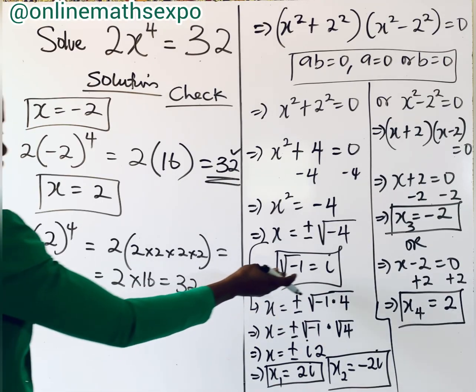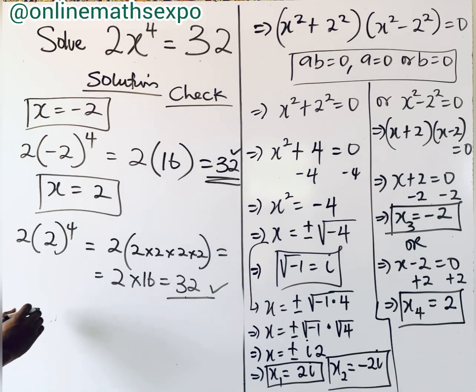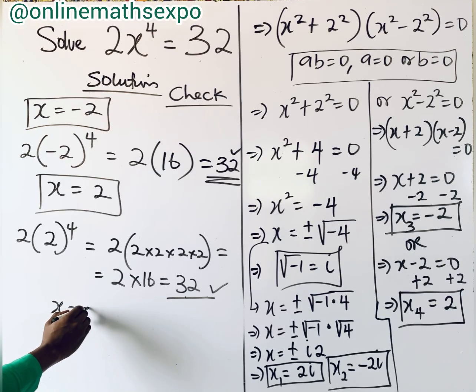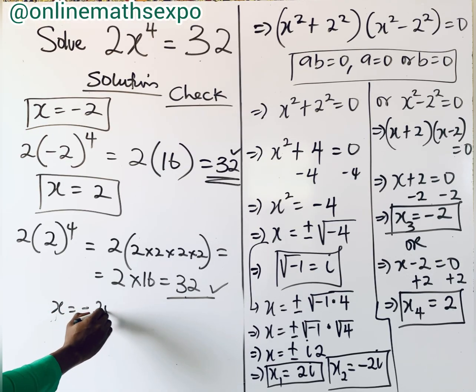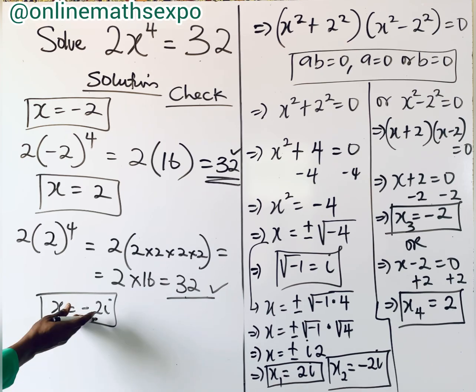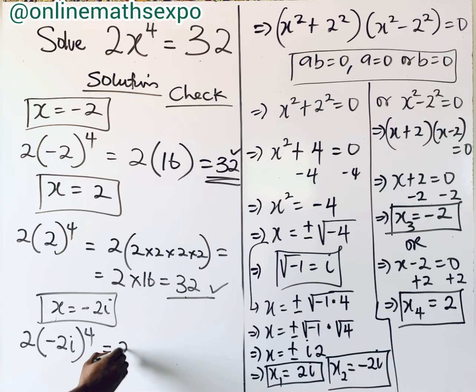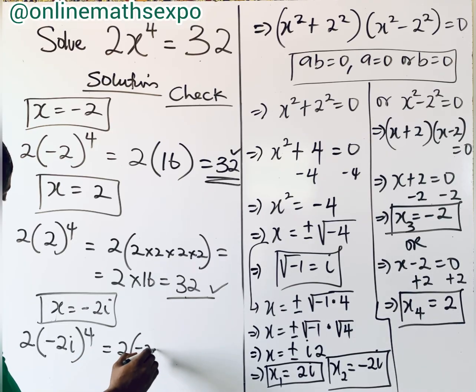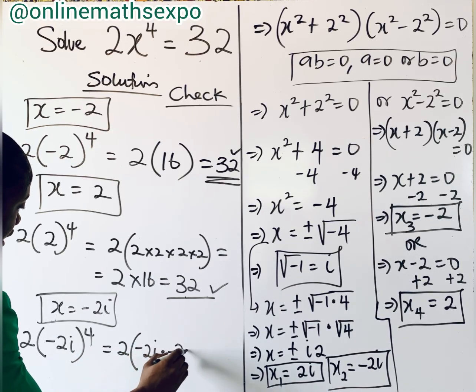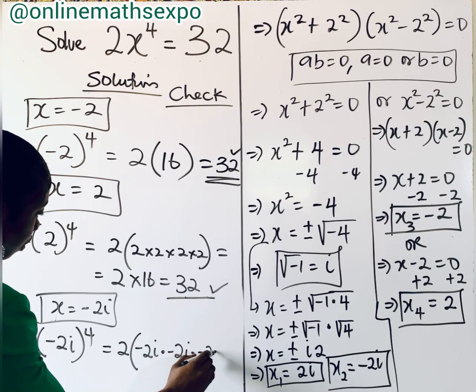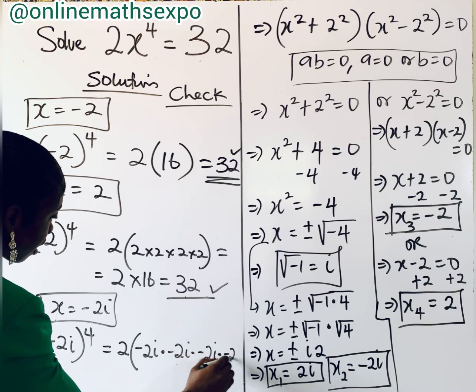Now let's come to the imaginary numbers. So we're going to check from when x is negative 2i. If you put that into this, you are going to have 2 multiplied by negative 2i raised to the power of 4. Now what do you do? This is the same as 2 multiplied by negative 2i multiplied by negative 2i multiplied by this and multiplied by this.